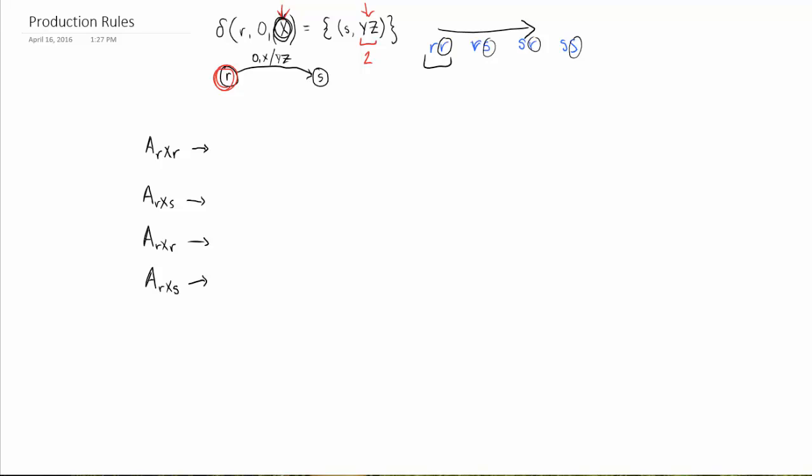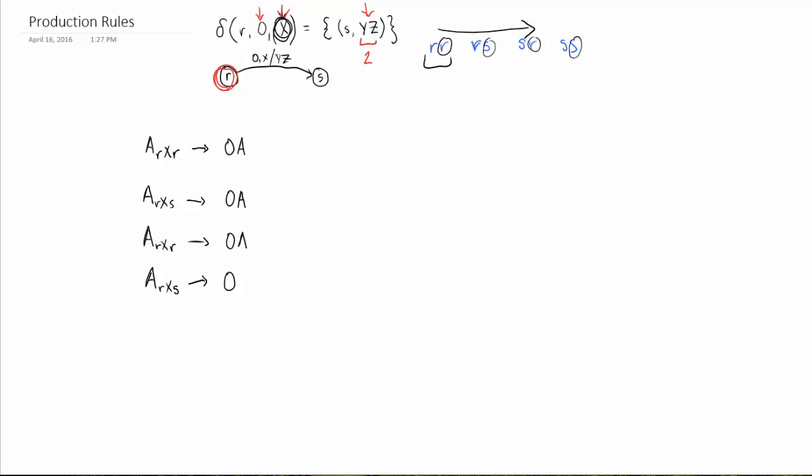Okay, so now we're going to be working on our actual rules. This will also be the same across all 4 of our rules. We're looking at the input symbol now. So we only have a 0, which means that we'll have a 0 here, a 0 here, a 0 here, a 0 here, followed by an A again.